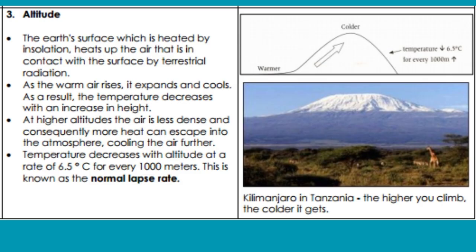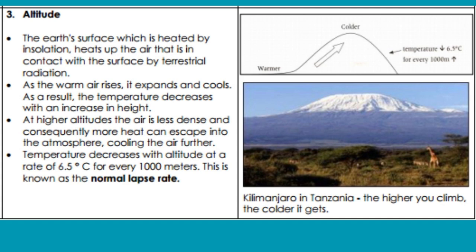3. Altitude. The Earth's surface, which is heated by insolation, heats up the air that is in contact with the surface by terrestrial radiation. As the warm air rises, it expands and cools. As a result, the temperature decreases.